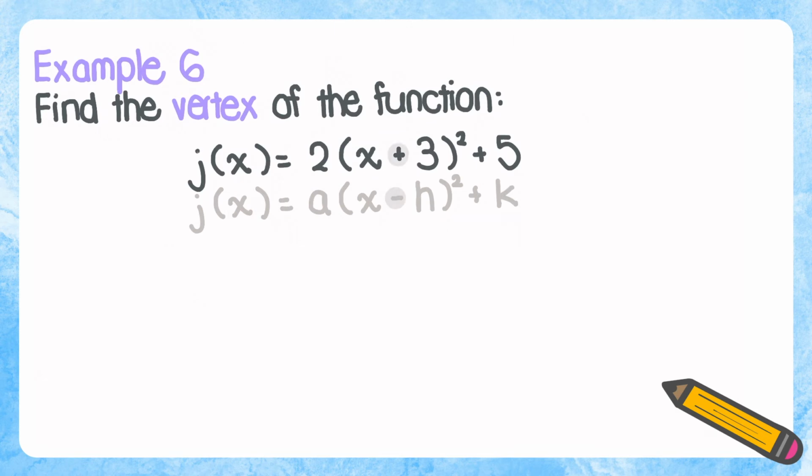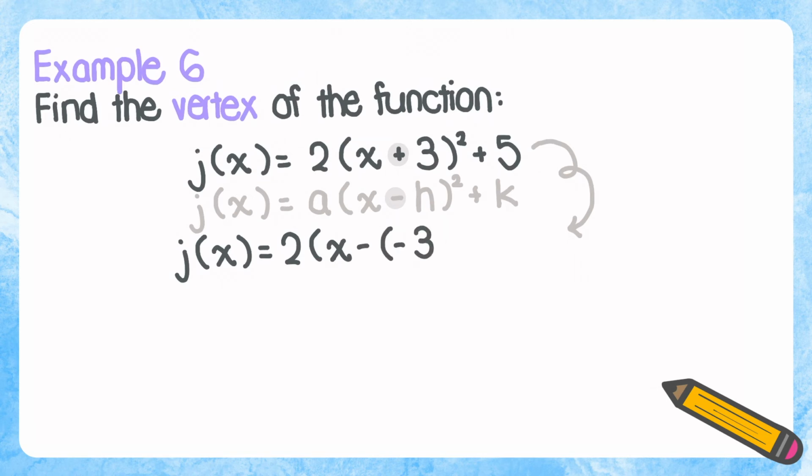Notice here, we need to rewrite this function. j of x equals 2 times x minus negative 3 quantity squared plus 5.